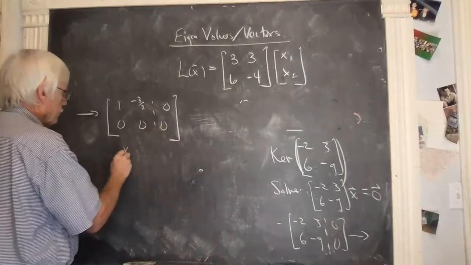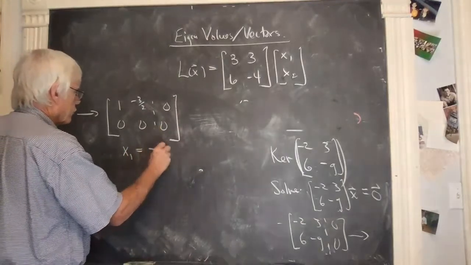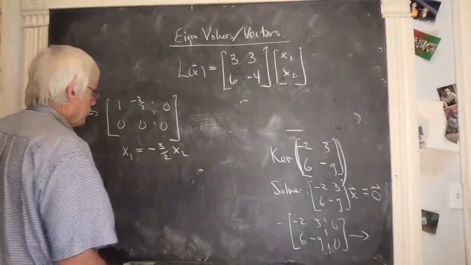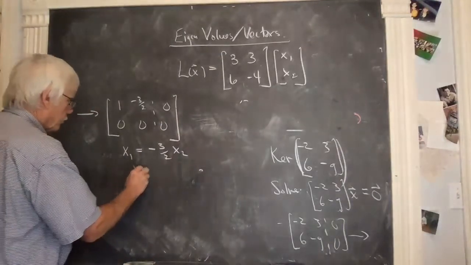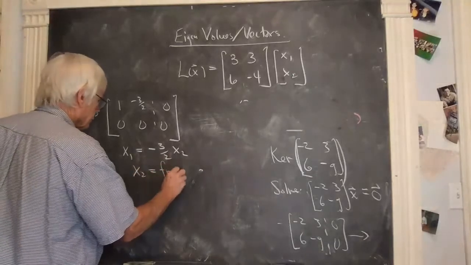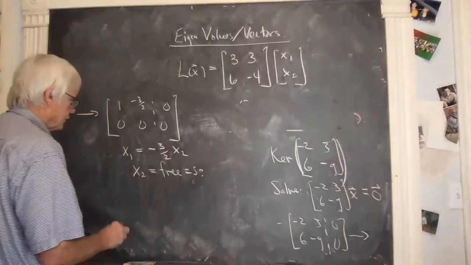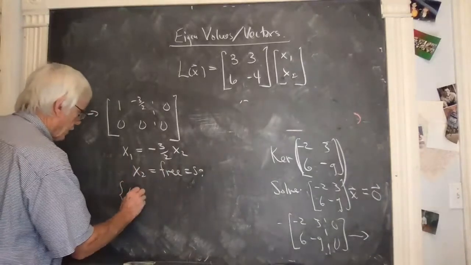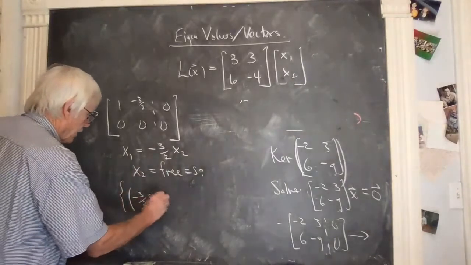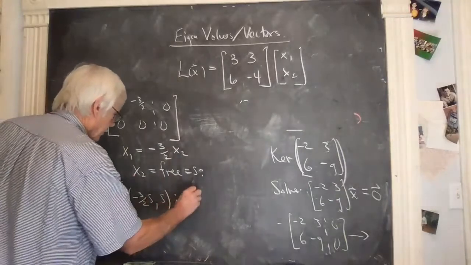So the solution is when x1 is 3/2 x2. Solving equations, x2 is free. We'll call it S. And so the solutions are all of the things of the form 3/2 S, S, such that S is free.